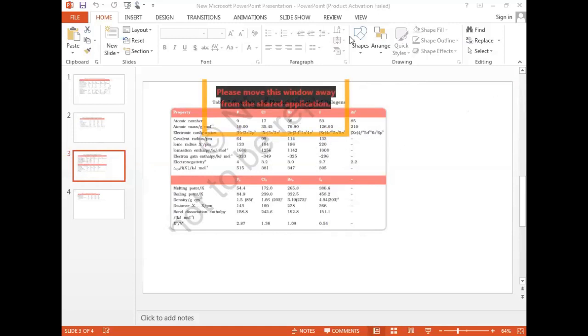Apart from that, let us see the colors of these particular compounds. Generally, the color of F2 is yellow. F2 element, it is going to show yellow color. Chlorine, we can see the greenish yellow color.